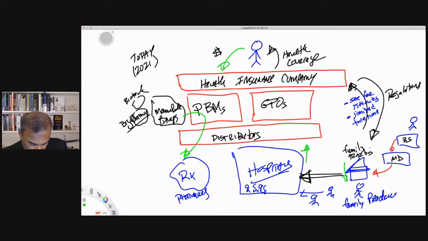Over here, we have the people who make the equipment, makers, for the hospital. So the GPOs control the flow of all of this into the hospital, okay? And through this process, money is flowing here to the PBMs, money is flowing here to the GPOs, all right?